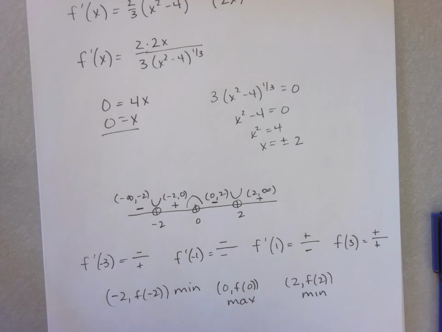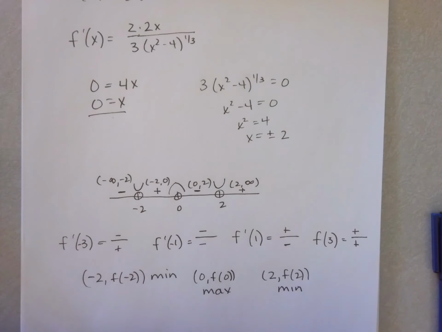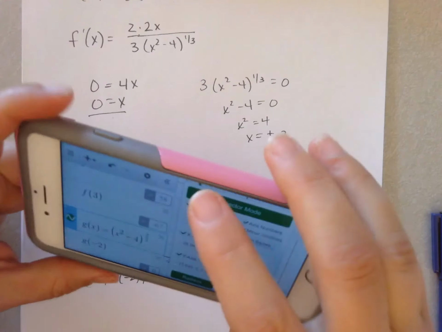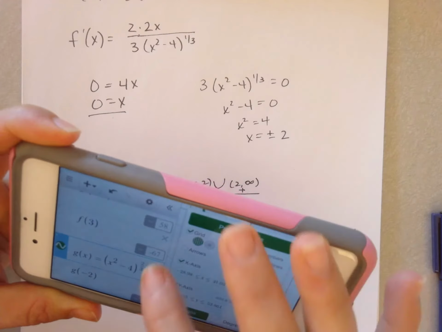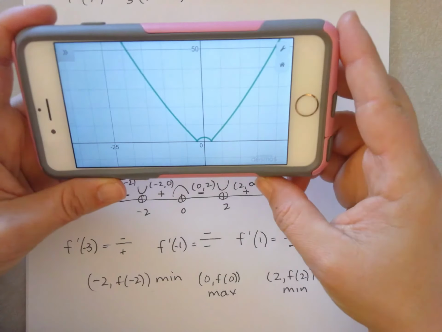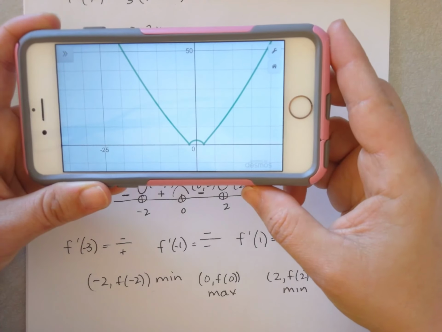And so let's actually take a look at that. I have a picture. Okay, so this is a very interesting graph, okay? That looks like this. Okay, so this is the graph of that. And you do notice, right?